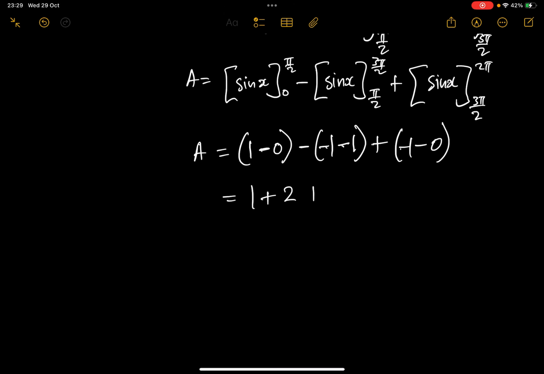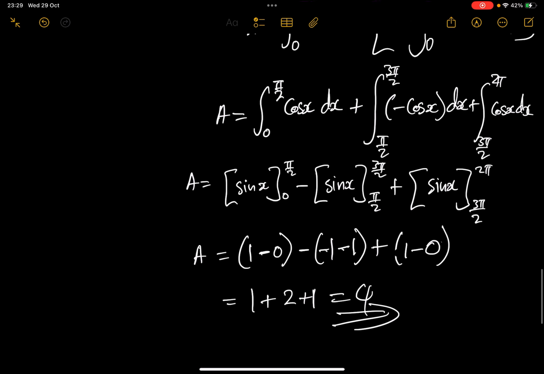Sine pi over 2 is going to be 1, yes, and then minus sine pi, this is positive 2, yes. Oh no, I made a mistake here. This is going to be 1 minus 0. So this is plus 1. So this is equal to 4.